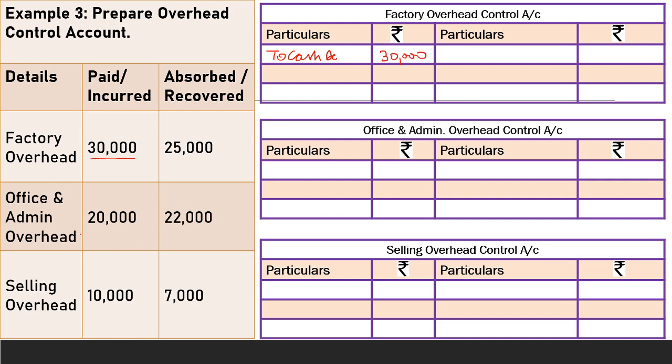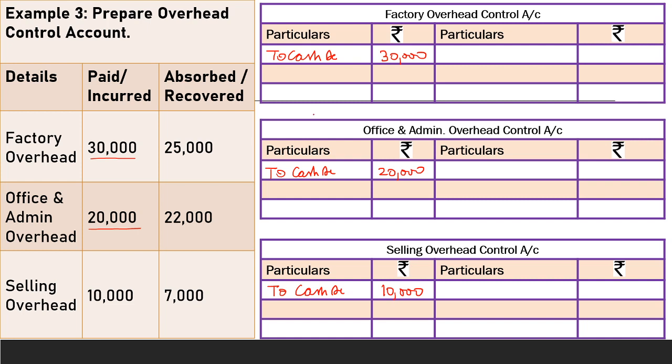We pay office and admin overhead amounted to 20,000. So our entry is office and admin overhead account debit to cash account. So on debit side we write to cash account, and the amount is 20,000, and our last overhead is selling overhead. So on debit side we write to cash account 10,000 rupees.